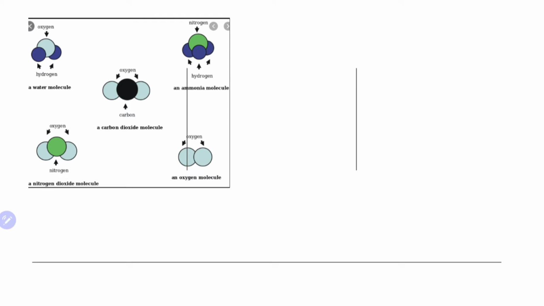Here you have examples: water molecule, H2O, one oxygen joined with two hydrogen. This is the oxygen. Carbon dioxide, CO2, and then nitrogen dioxide, NO2, and ammonia, NH3, oxygen molecule, O2.